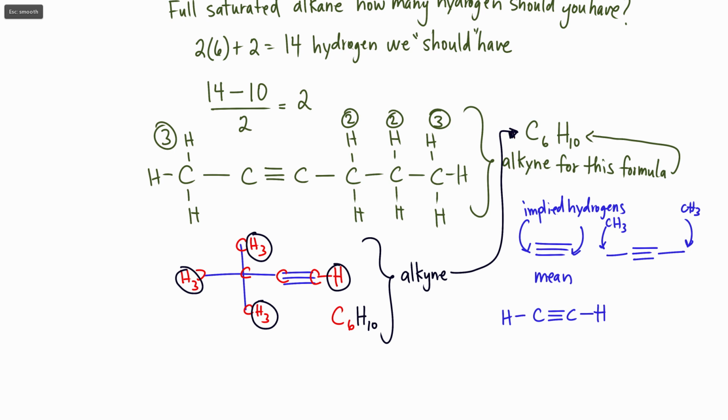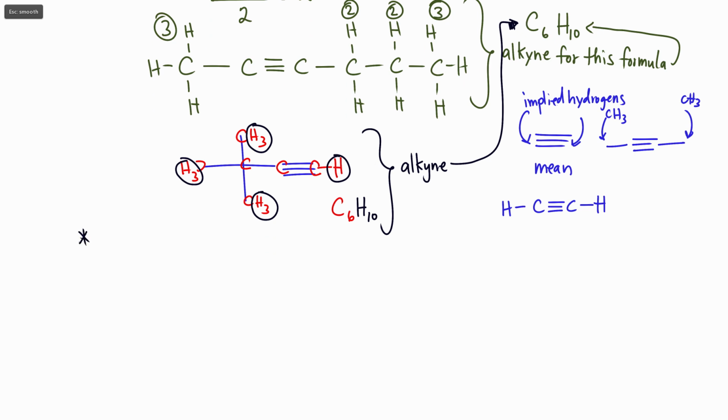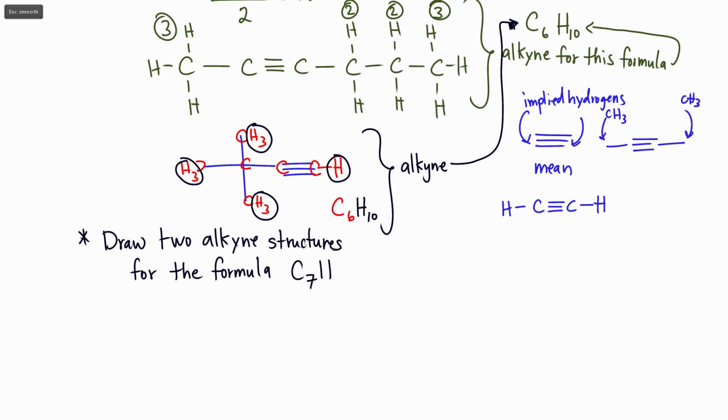Now, what I want you to do is draw two alkynes, or two alkyne structures, for the formula C7H8. Okay?